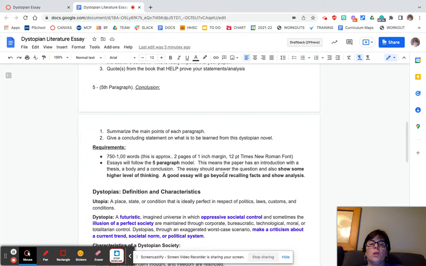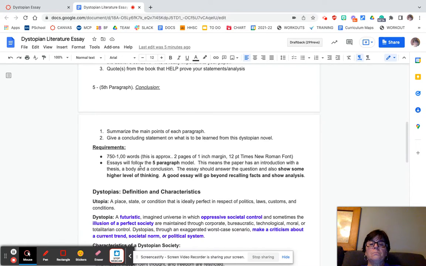Okay, so requirements. I don't want much more than 1,000 words. I know some of you can write like crazy, but it's probably going to be about 2 pages by the time you do all of the things, especially when we're going to put in the 12 point Times New Roman font.